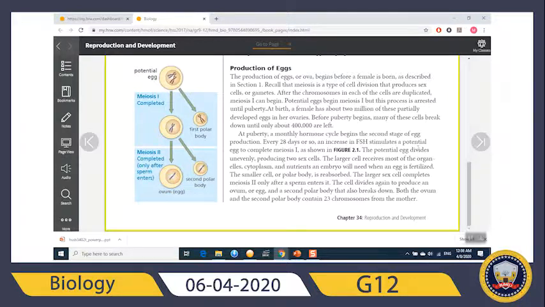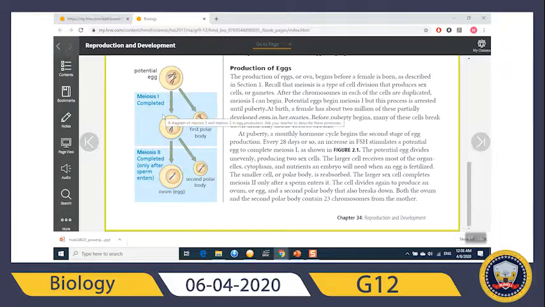Normally, it's every 28 days, but it differs. We will explain this later. Now, basically, the FSH hormone stimulates the egg to complete meiosis 1.